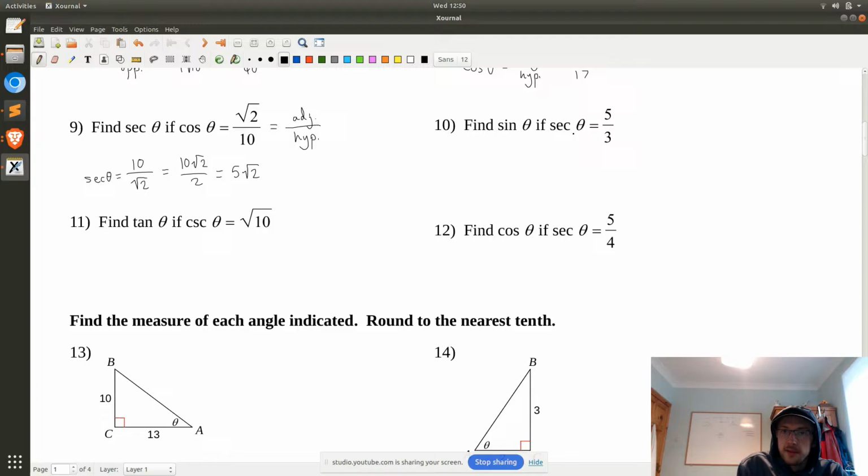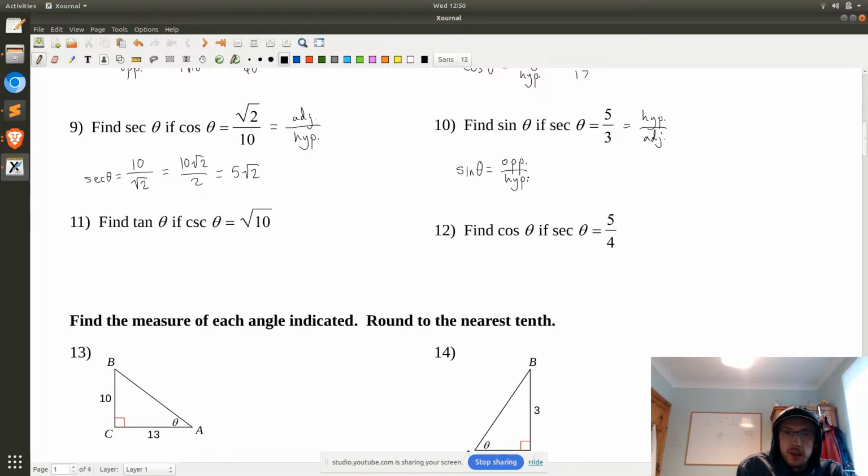Find the sine of theta if secant of theta is 5 over 3. Secant of theta is 1 over cosine of theta. Cosine of theta is adjacent over hypotenuse. So by definition then, this is hypotenuse over adjacent. Sine of theta is, on the other hand, opposite over hypotenuse.